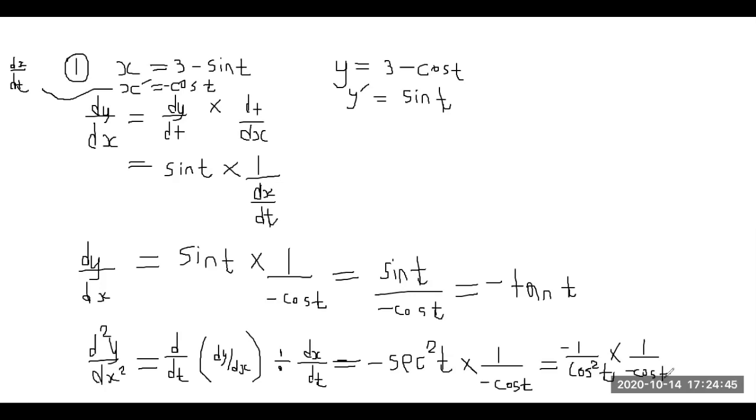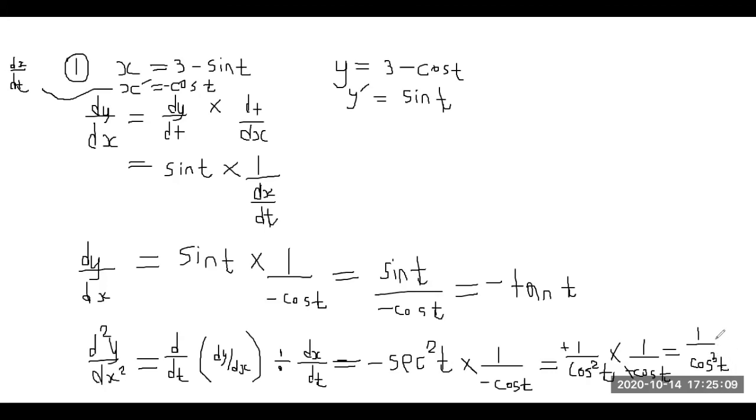So cos squared t times cos t gives us cos cubed. And then the negatives will cancel. So this minus 1 here will cancel this minus 1 here. And so the final answer for the second derivative is 1 over cos cubed t.